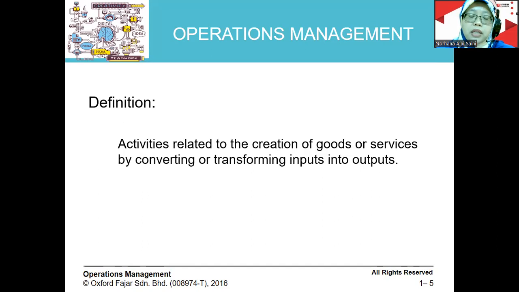Why? If there is no operation management in the organization, that organization cannot run. So that's why we need to know the definition of operation management: we convert our input into output so that we can have goods or services.